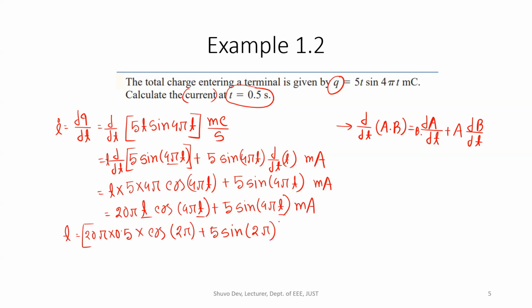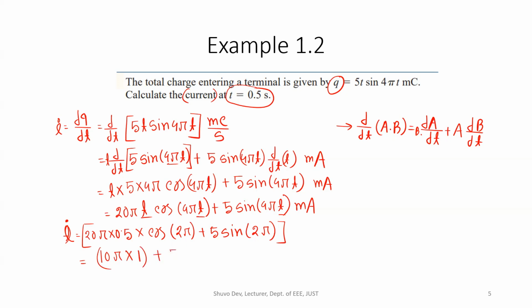So total equation, sorry, this will not be t, this will be I. This is the current at 0.5 second. So here will be 10 pi into cos 2 pi, that means cos 360. Cos 360 means 1.